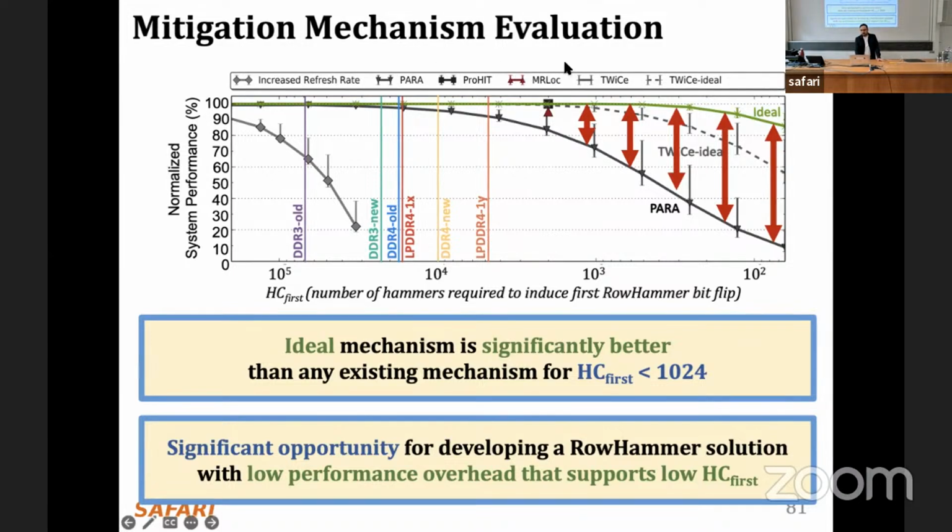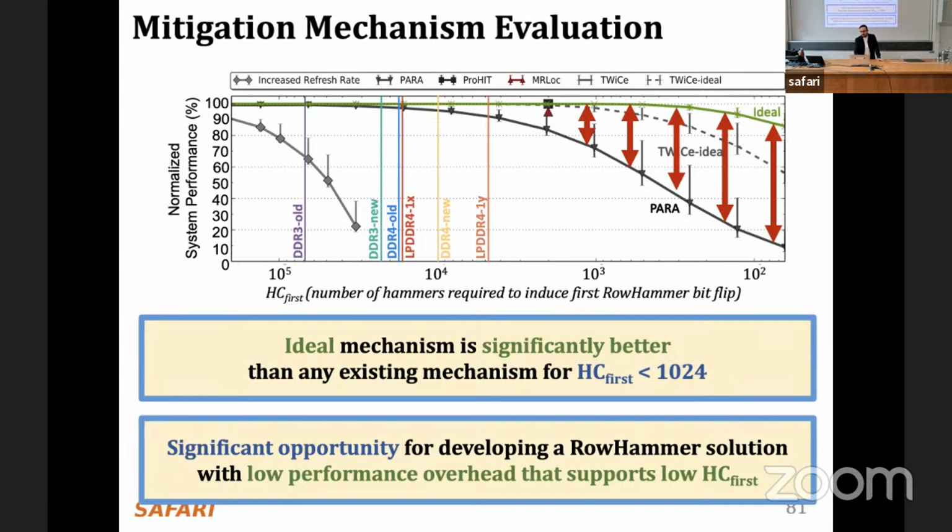ProHit and MRLOC are other probabilistic mechanisms that improve on top of PARA. And there's TWiCe, which was the state-of-the-art counter-based deterministic solution of that time. And it has a problem inherently in its design. It cannot scale for a threshold below 32,000.